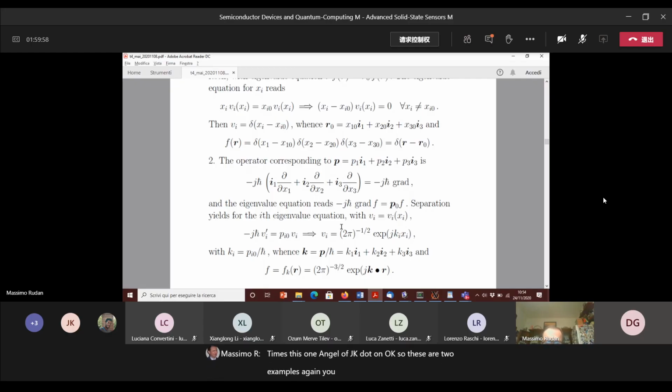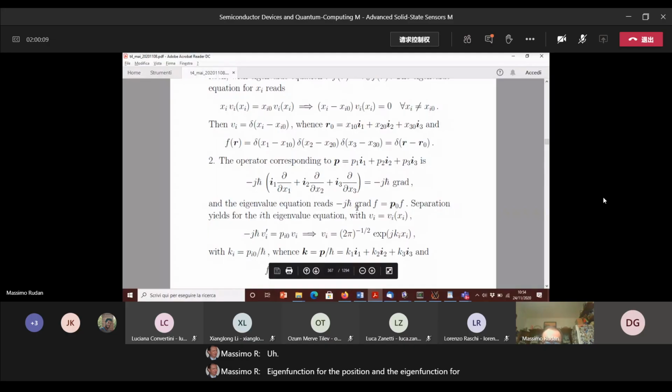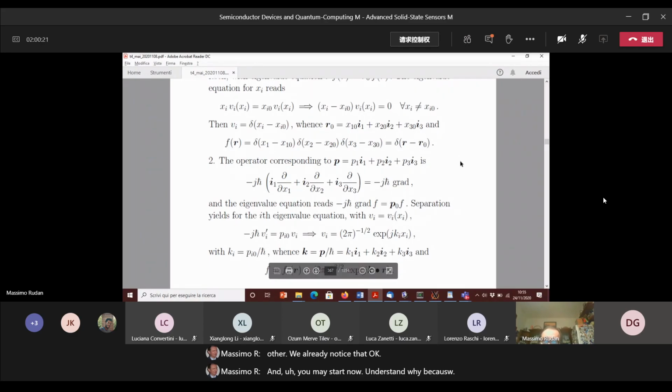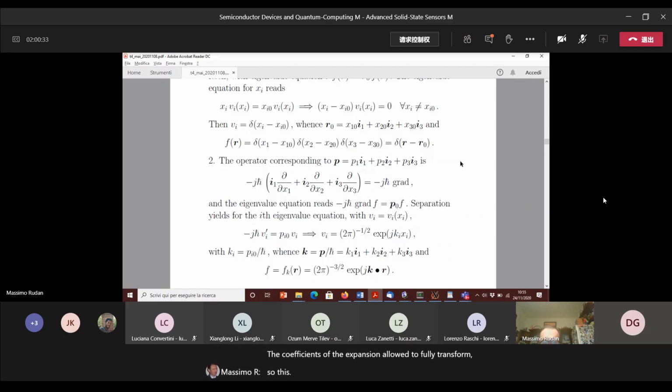Again, you observe that the eigenfunction for the position and the eigenfunction for the momentum operators are the Fourier transform of each other. We already noticed that, okay? And you may start now understanding why, because we have already met situations in which the coefficients of the expansion are the Fourier transform. So these relations connected to the Fourier transform are present in the theory.